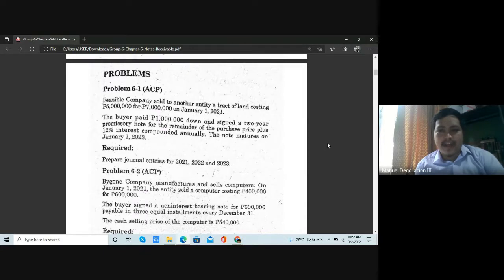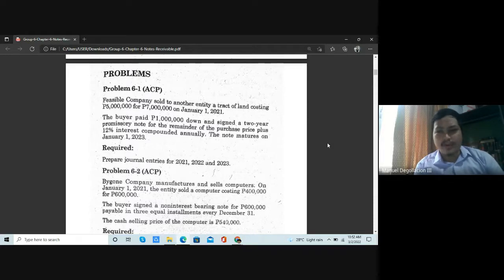And actually, a single note, a single promissory note, a single commercial document may result in two types of presentation. Meaning we're talking about one kind of receivable, but when it is presented in the financial statements, portions of it would be presented separately: a portion presented as a current asset, and another portion presented as a non-current asset.